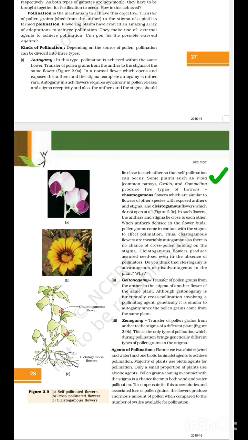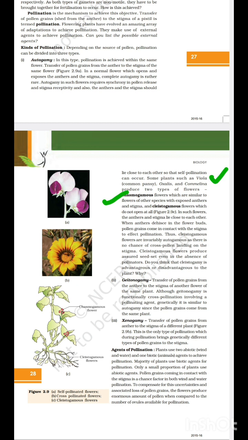Some plants like Viola, Oxalis and Commelina produce two types of flowers. One is chasmogamous, similar to the flowers of other species, which expose the anther and stigma on maturity. But there are some flowers known as cleistogamous flowers, which do not open at all even after maturity.